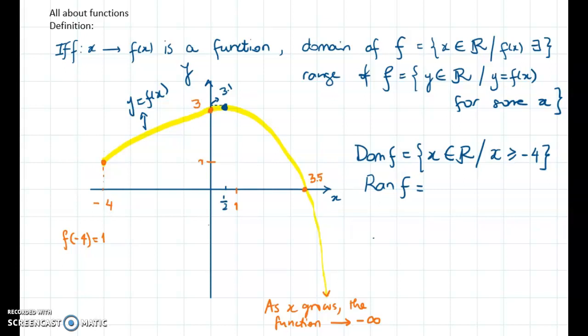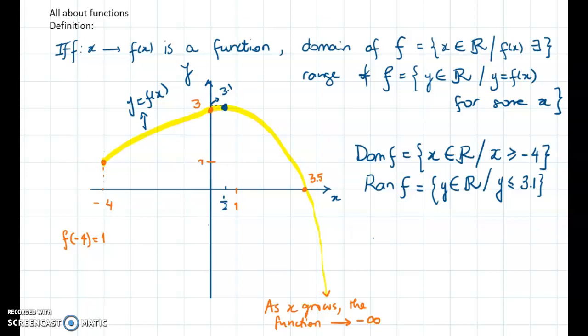So that's the largest point that I can find in the y-axis, 3.1. But I can find any point as small as I want because it says that as x grows, the function goes to -infinity. So what does it mean? That the range is the values of y in the reals such that y is less or equal than 3.1. Any value less or equal than 3.1 is going to be in the range of the function.